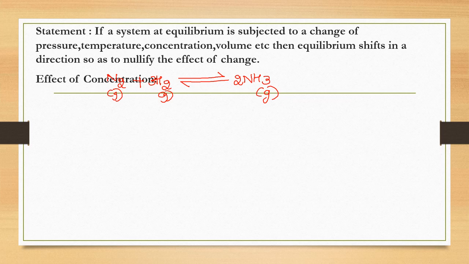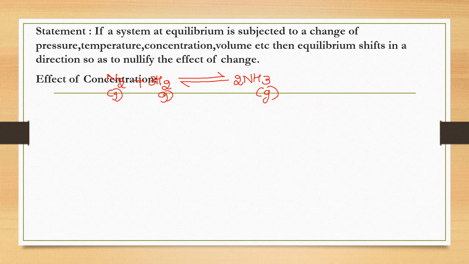So if you are changing conditions such as pressure, temperature, concentration, etc., then the equilibrium gets disturbed because you are making the changes. But the system tries to nullify that particular change.